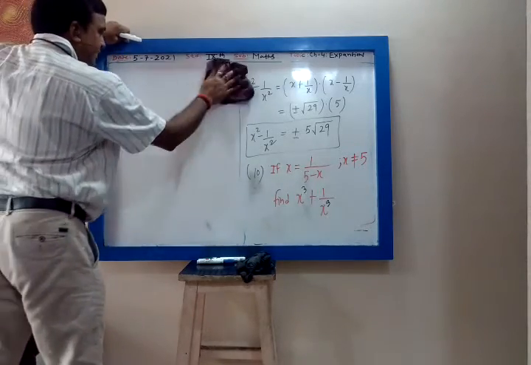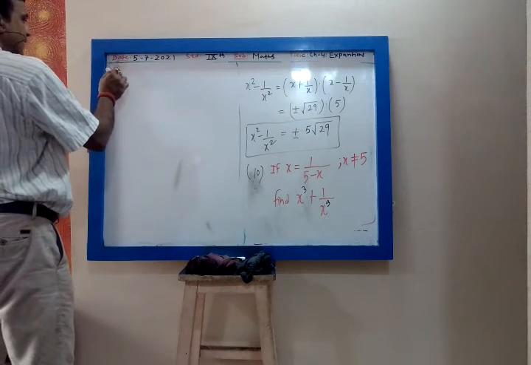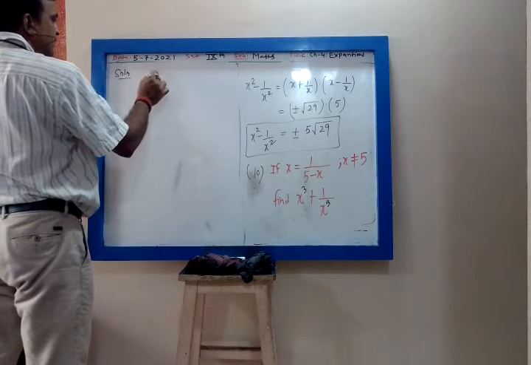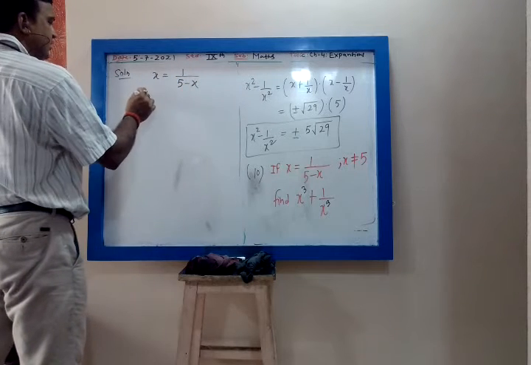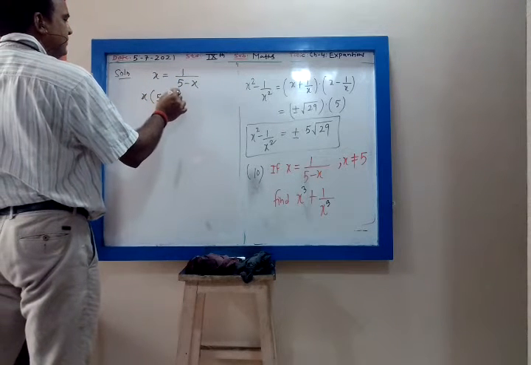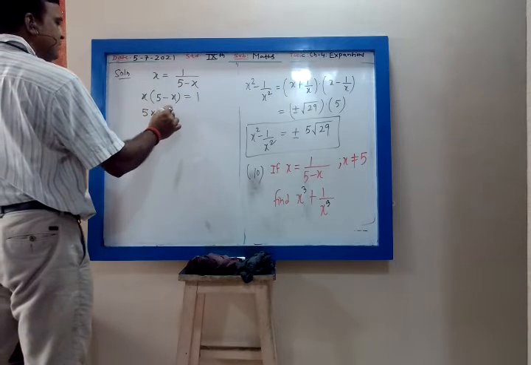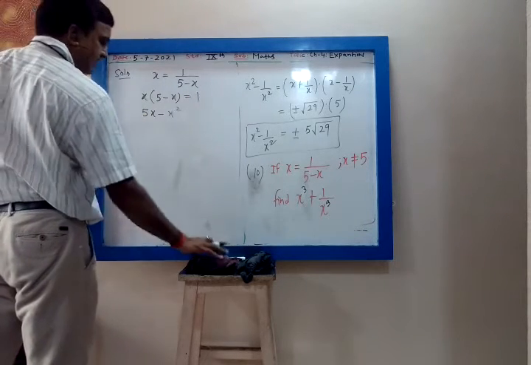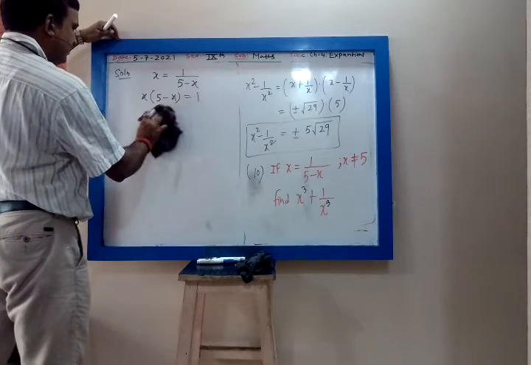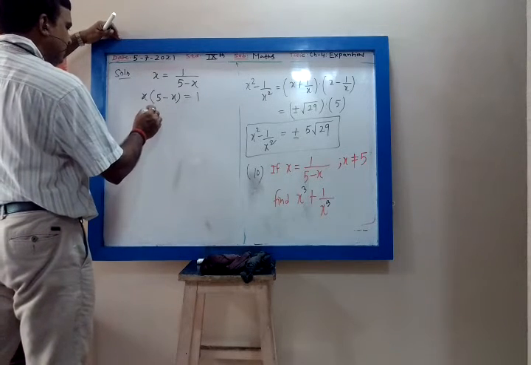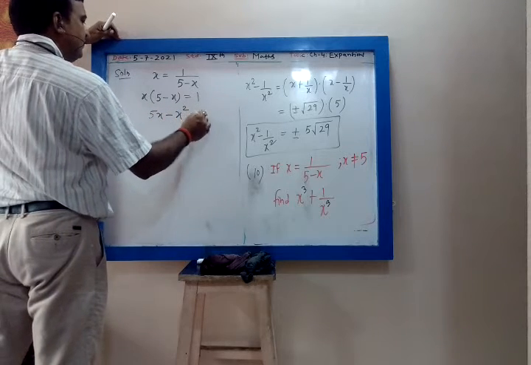So you are given x is equal to 1 upon 5 minus x, correct? Now cross multiply, you will get x into 5 minus x is equal to 1. So 5x minus x square is equal to 1.